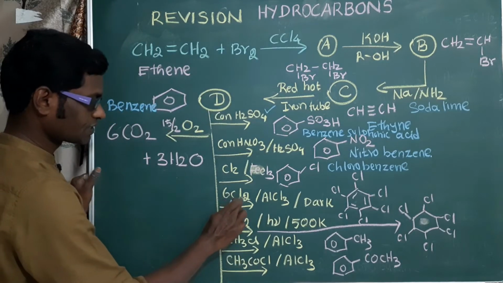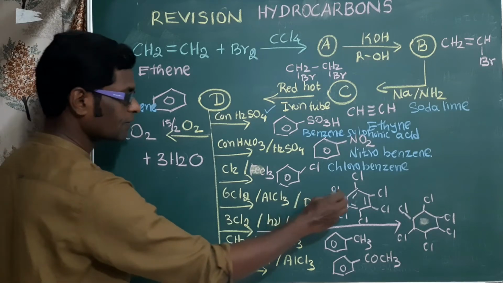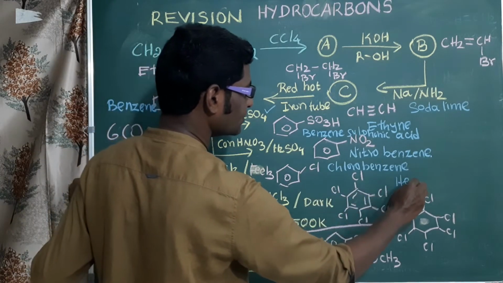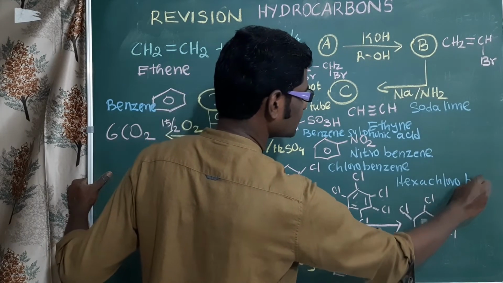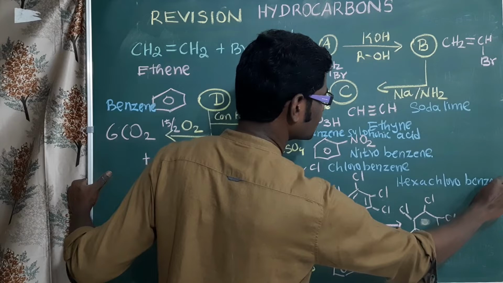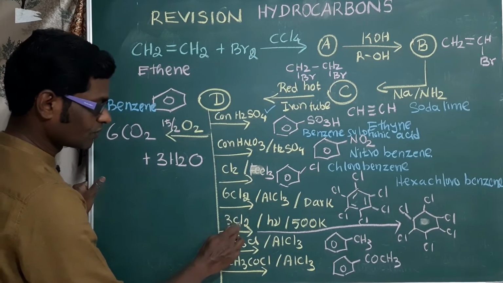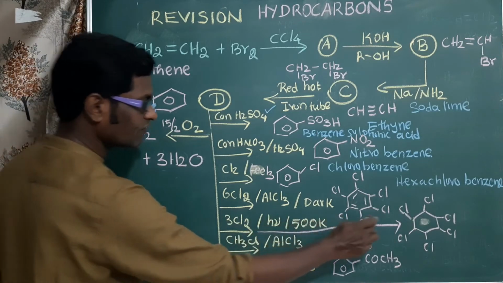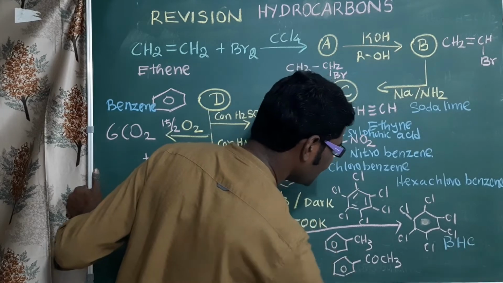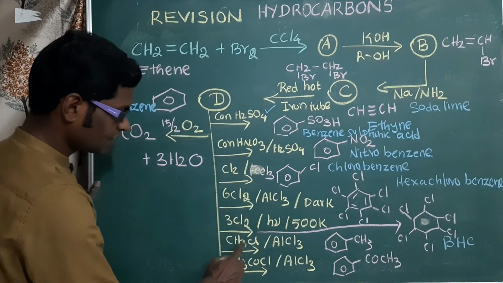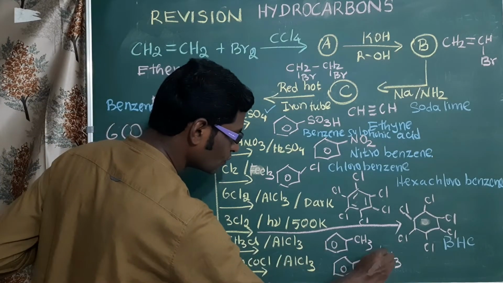Benzene treated with excess of chlorine in the presence of anhydrous aluminum chloride under dark condition gives hexachlorobenzene. When benzene is treated with excess of chlorine in the presence of light and heat, we will get benzene hexachloride, a pesticide, BHC. When benzene is treated with chloromethane in the presence of anhydrous aluminum chloride, we will get toluene.